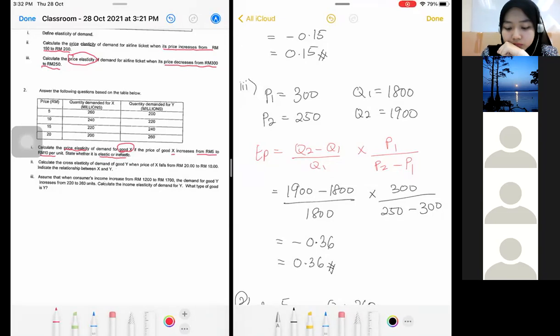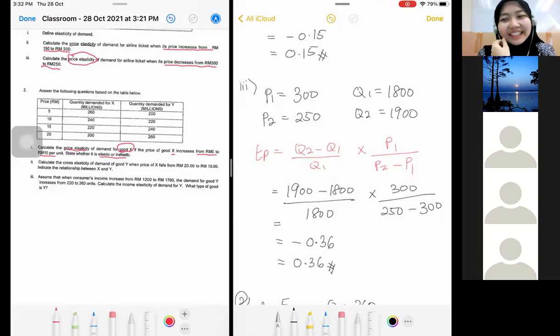Then minus 50 times 1,800 gives us minus 90,000. Then minus 90,000 divided by 30,000 is what we are supposed to use to get the final answer.